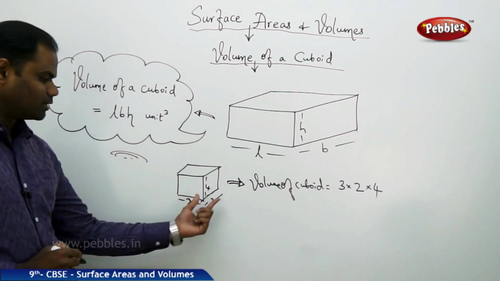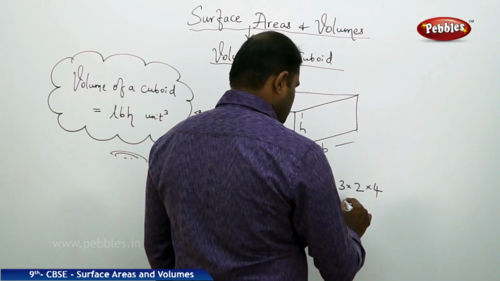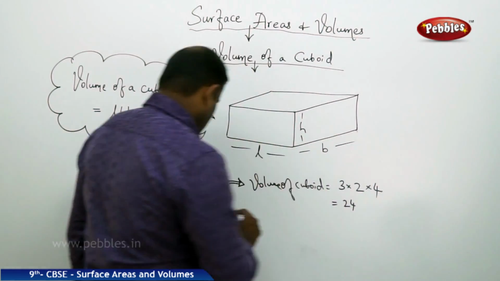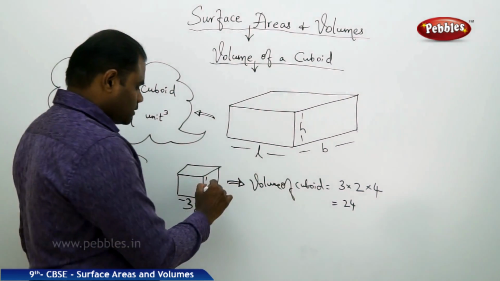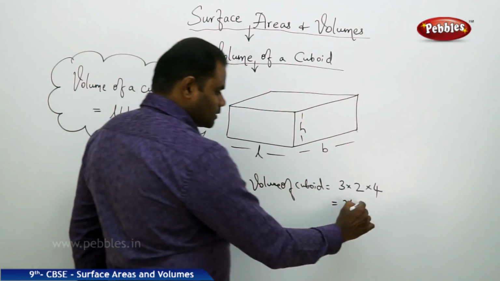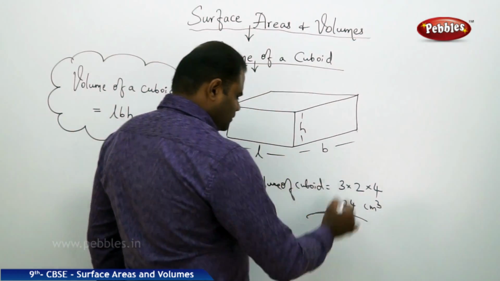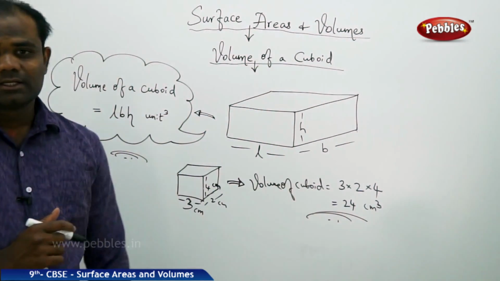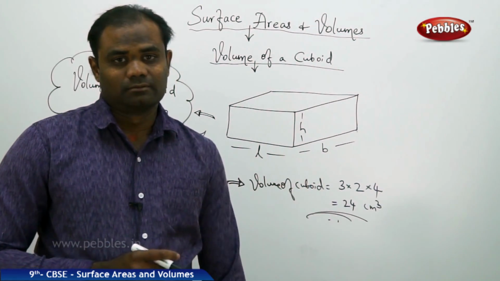Because my length is 3, width is 2, and height is 4, I get 3 2s are 6, 6 4s are 24. And if the dimensions are in centimeters, then the volume is in centimeter cube. This is how I understand finding the volume of a cuboid when its dimensions are given.